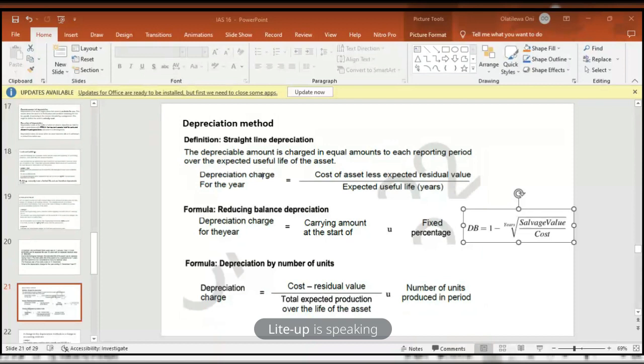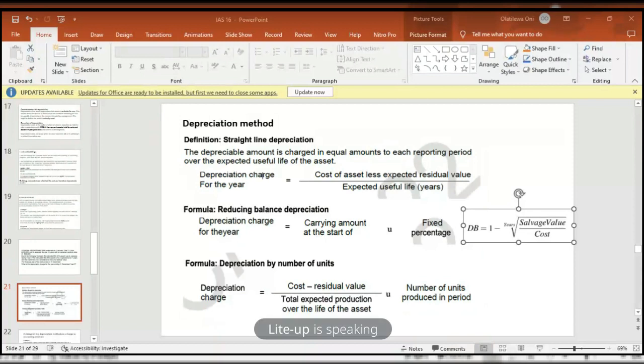Now, when they give us a question like this, where we have all the information we need and they are not talking about a review of the useful life of the asset, the depreciable amount of 120,000 will be computed just like this, and that rate will be used.